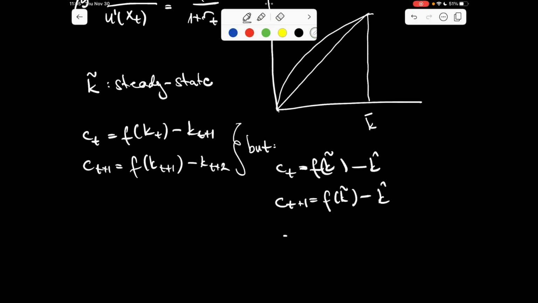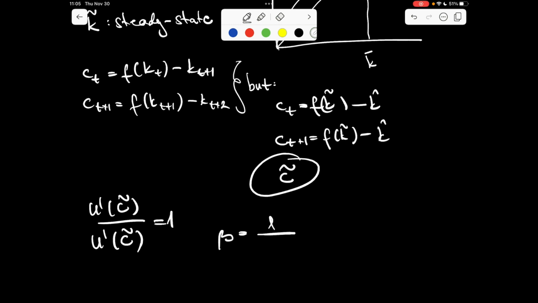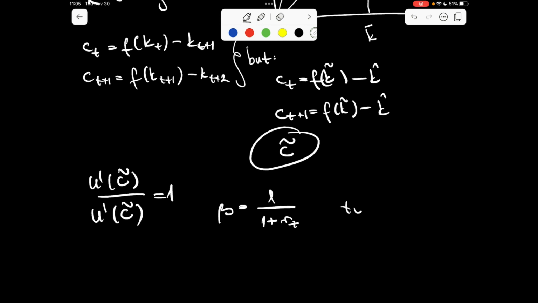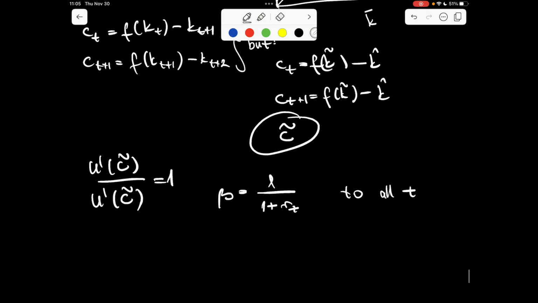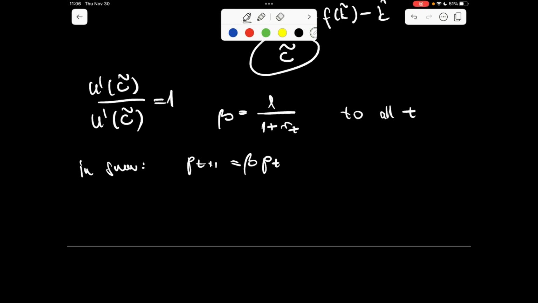So we have a steady state consumption path. From this, it follows that this ratio is 1. So if we are in the steady state, this ratio is beta for all t. So in sum, in the steady state, price dynamics is described by this difference equation.